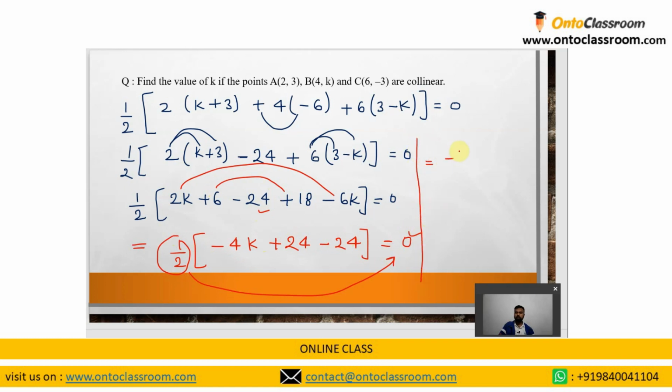So minus 4k is equal to 0, and we can eliminate positive 24 and negative 24. Now we are left with minus 4k equal to 0, and dividing 0 by minus 4, we get 0.